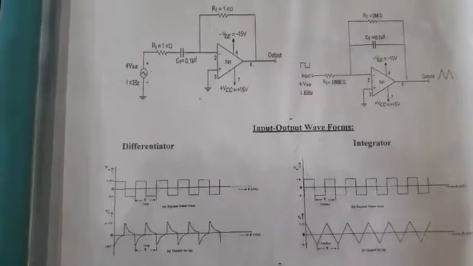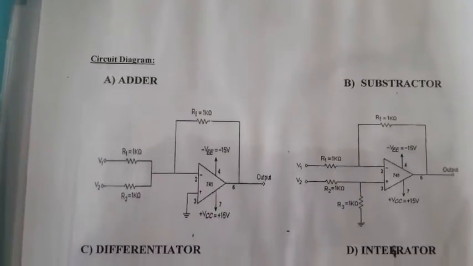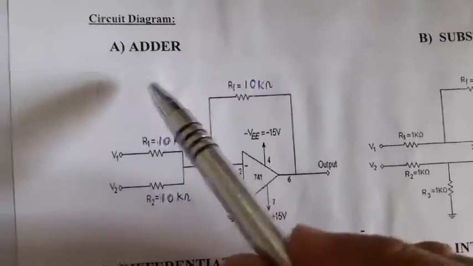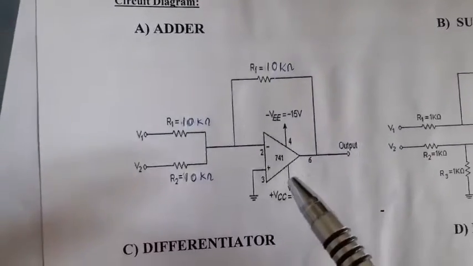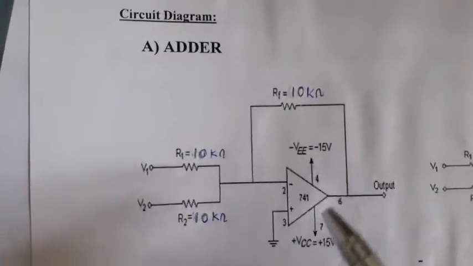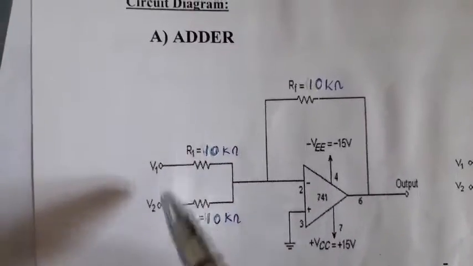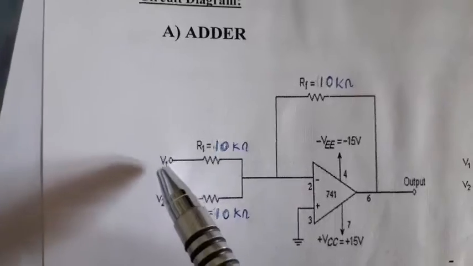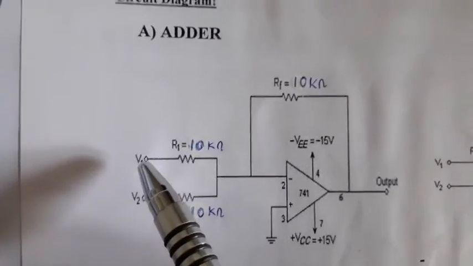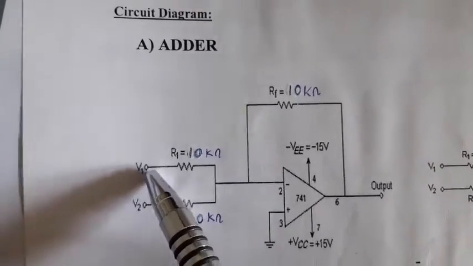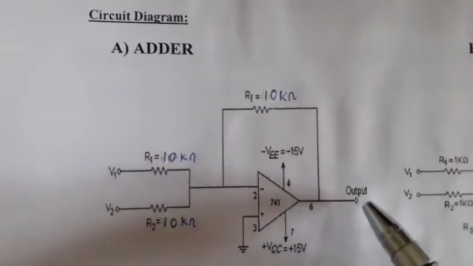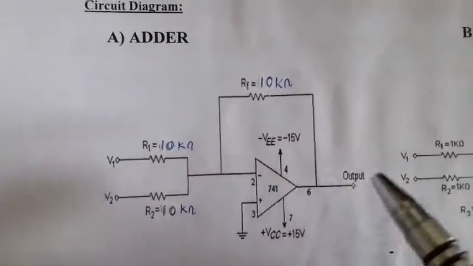Now let us do it for adder and subtractor. Yes, now let us do for adder circuit. So for this adder circuit, we have to connect two DC power supplies, V1 and V2, so that these two voltages V1 and V2 can be added and the result is obtained at our output.